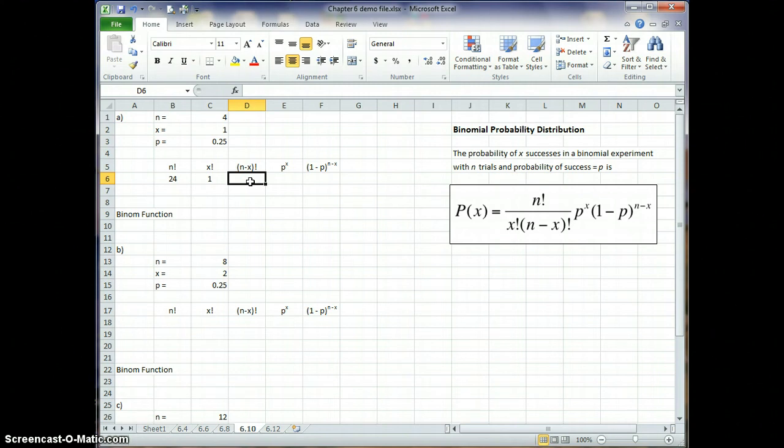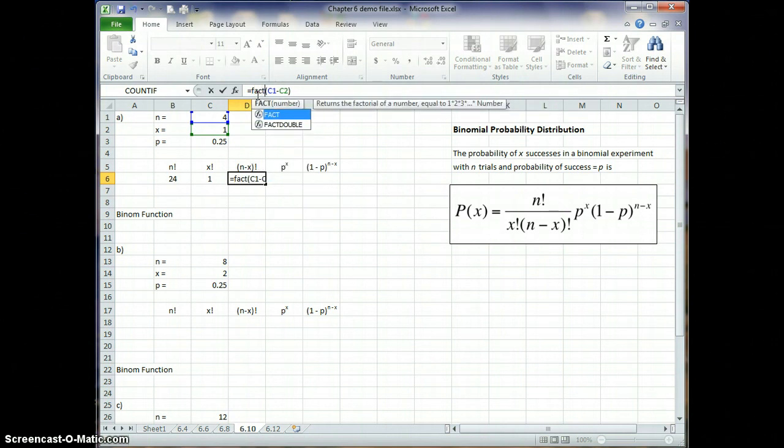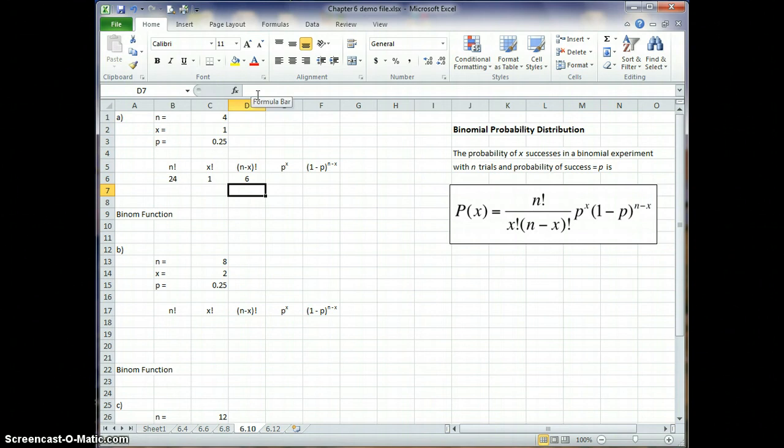In this case, I'm going to go equal, parenthesis, n minus x, which is C1 minus C2. Then FACT. So 4 minus 1 factorial, 3 times 2 times 1 equals 6.